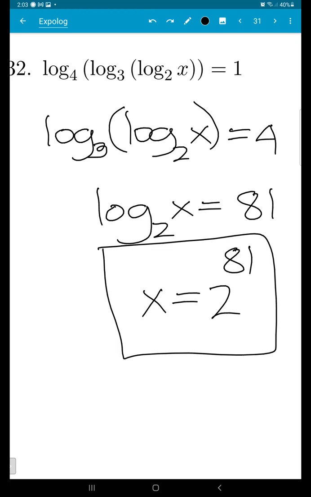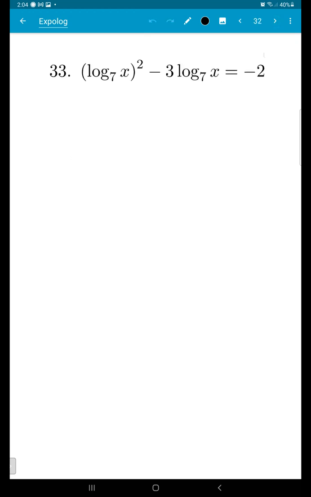So you can leave your answer in this form if we have too large a number. Okay, any question on this? There is a similar problem in the previous lecture, which I will be uploading later. Okay, next.